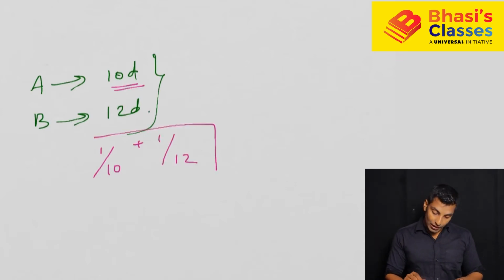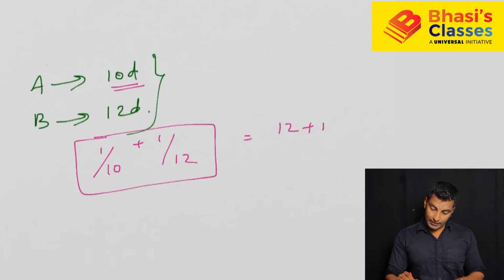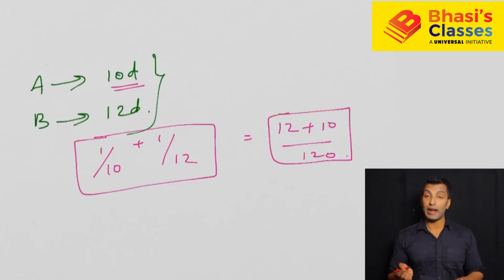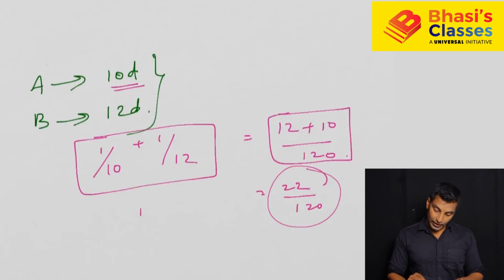So together they will complete 1 by 10 plus 1 by 12. As we have seen, that is 12 plus 10 divided by the LCM, that is 120. This is what they can do in one day, that means 22 by 120. To find how many days they will take to complete the work, take the reciprocal of it. So that is 120 by 22.